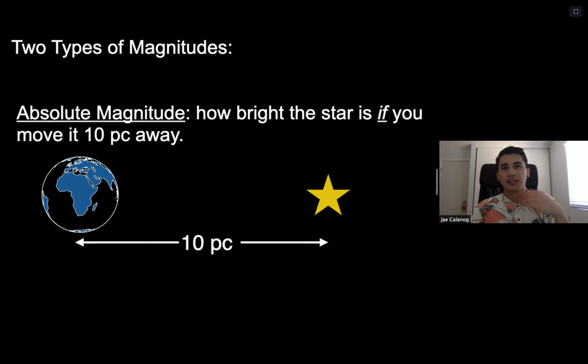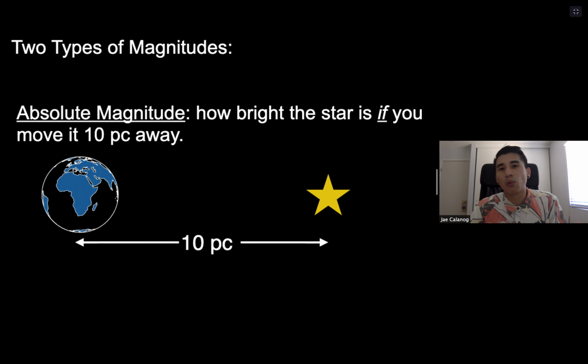And the second case, case 2 here, is called the absolute magnitude. And so this is the magnitude that you would assign to a star if, hypothetically, you were to move it 10 parsecs away. So imagine if you were to take the sun, which is a really small magnitude number because it's really bright, you would move it 10 parsecs away and then reassess, like, okay, how bright would the sun be if you were to move it 10 parsecs away?